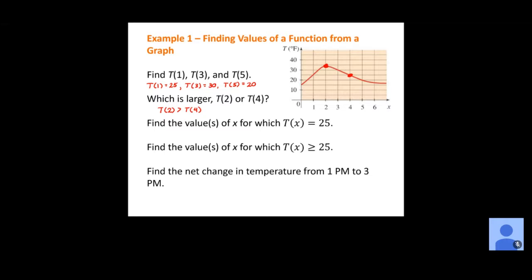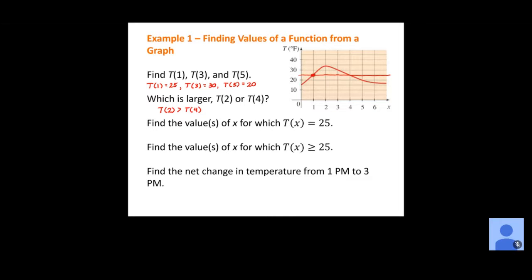All right, now the next one is we want to find the values of x for which T of x is equal to 25. So now we're looking at values where the T of x is 25. I'm going to find 25 here, which would be this line. Now I want to know what x values would give me a value of that. So I'm looking at where that 25 intersects my graph.